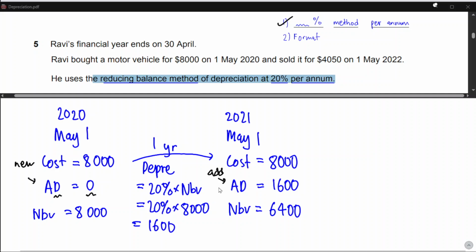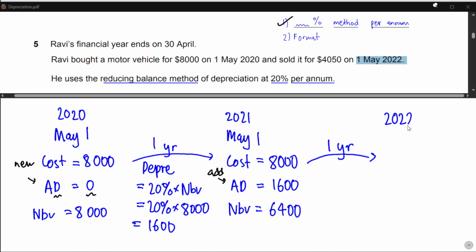So now let's continue, because he wants the 1 May, right? After 1 year, it becomes 2022 May 1, which matches the question.